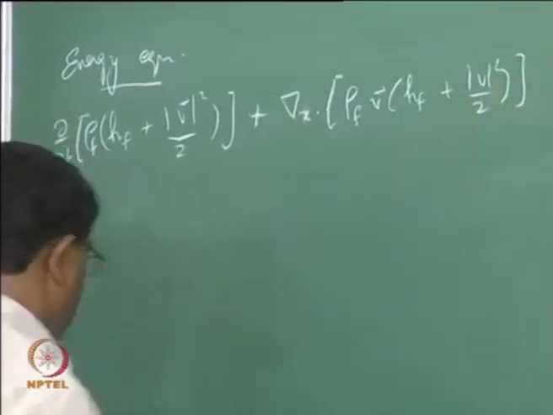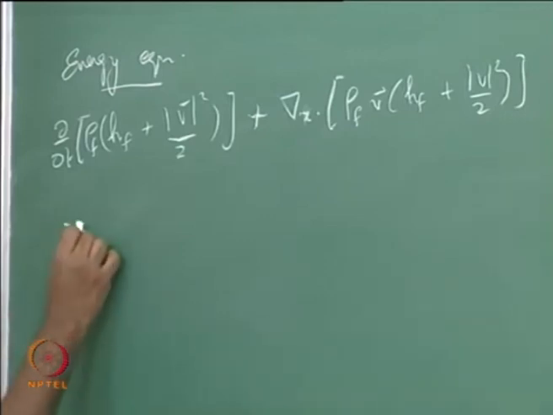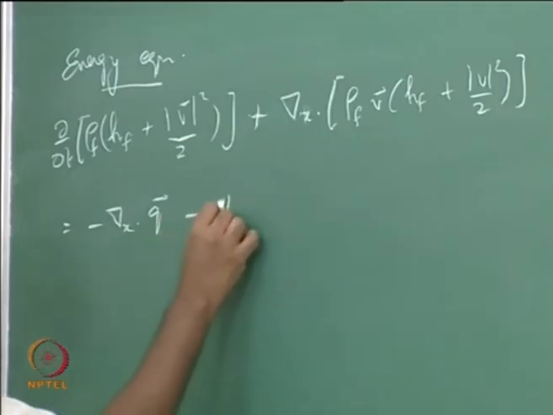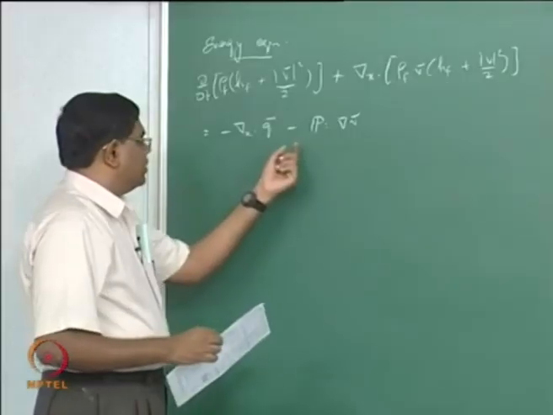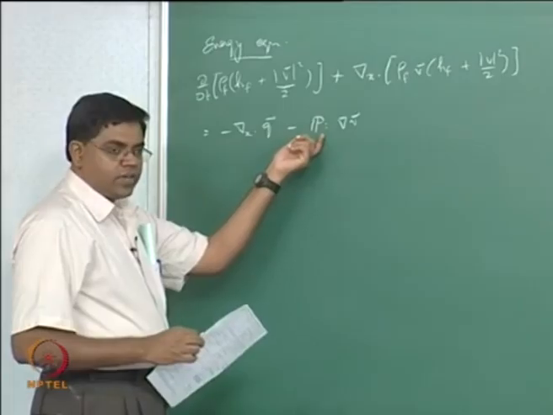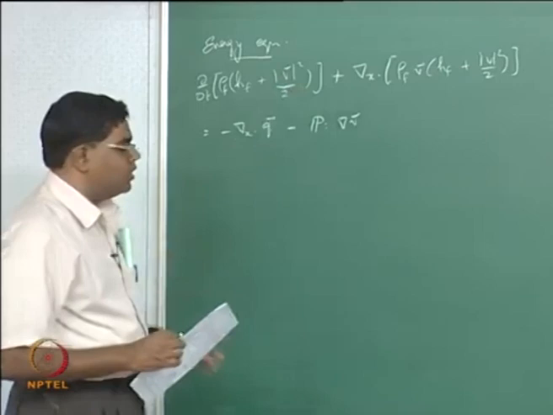This is the total energy equation, that means it includes the kinetic energy also, equals minus divergence with respect to x of q vector minus the stress tensor dotted with the gradient of v. The gradient of a vector is a tensor, and the stress tensor is a second order tensor, therefore this is actually a double dot product, giving rise to a scalar.